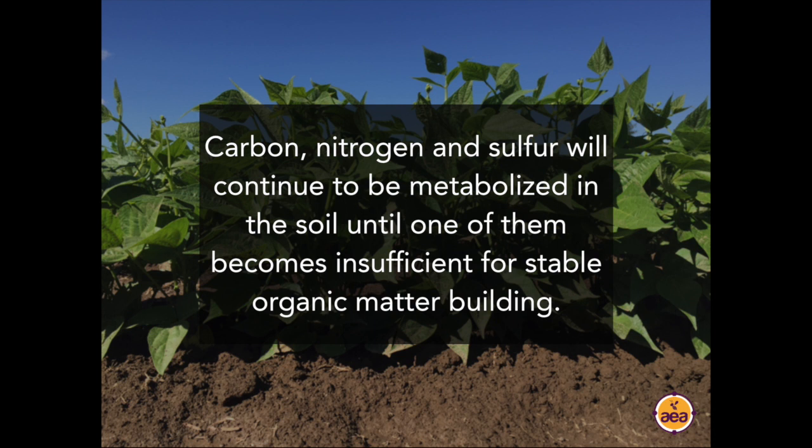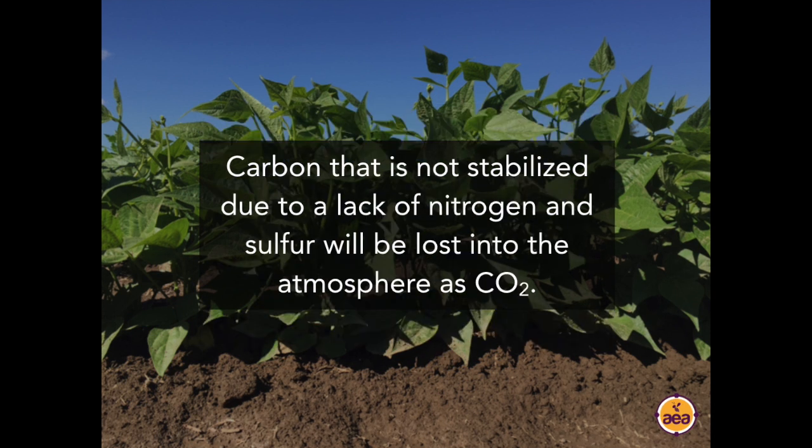What happens when you only have 5 pounds of sulfur? Now you can only stabilize 50 pounds of nitrogen instead of 100. So the nitrogen level drops to 50 pounds, and the carbon level drops from 3,000 to 1,500 pounds. And the great majority of that additional carbon will be volatilized and lost into the atmosphere as CO2 and off-gassed. So you've lost a lot of potential organic matter, a lot of carbon, because you didn't have enough sulfur in the ecosystem.